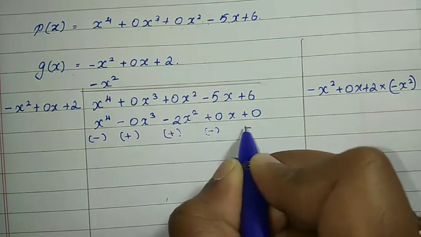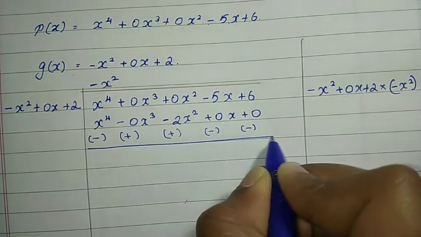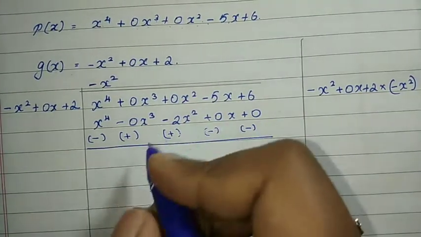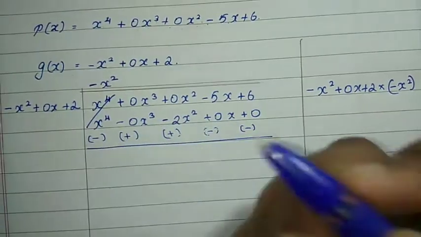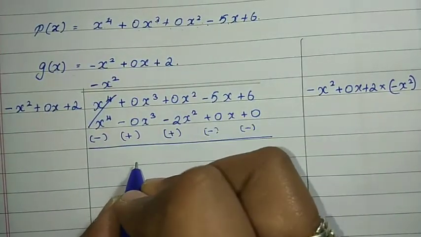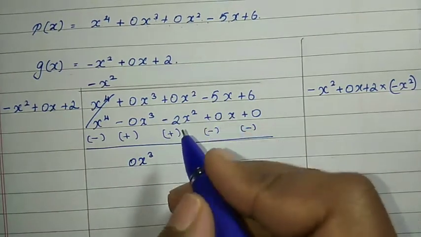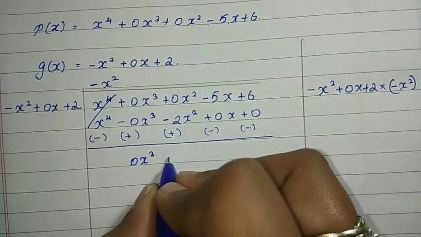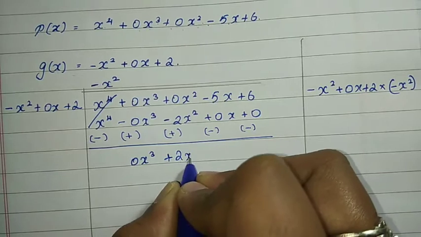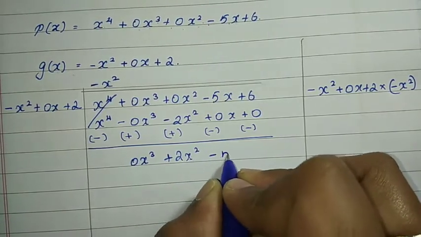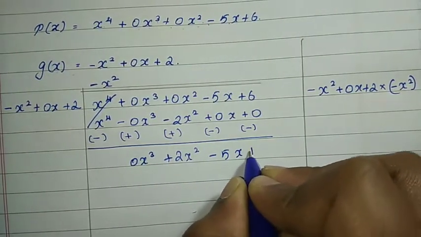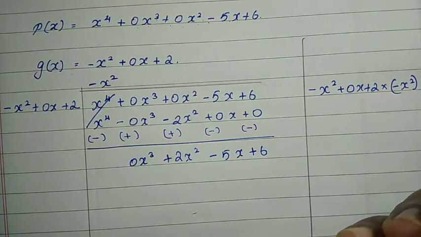If I have plus, I will change to minus. If I have minus, I will change to plus. So this term will get cancelled and this will be 0x cube only. You have to write this also. So here it will be plus 2x square minus 5x plus 6.